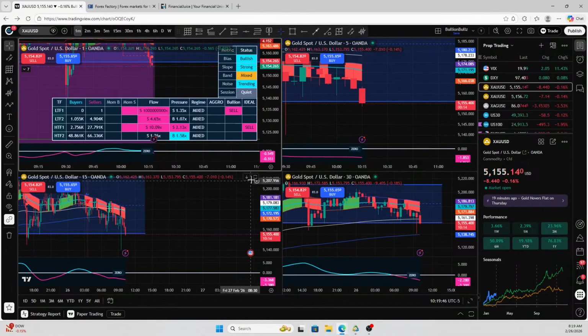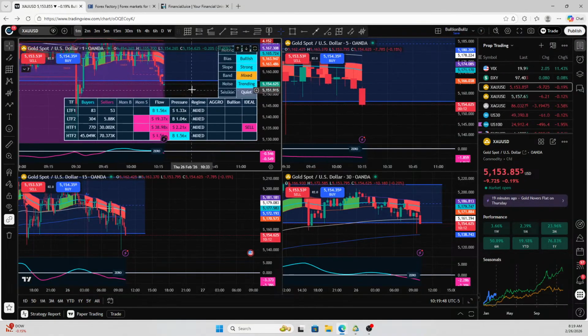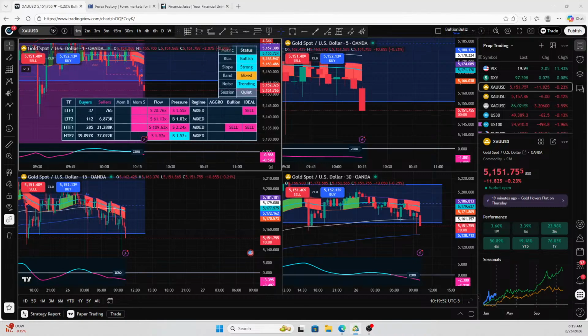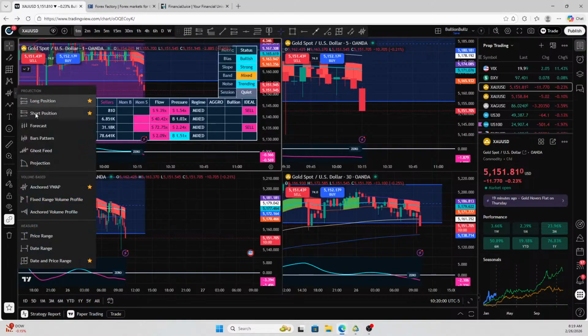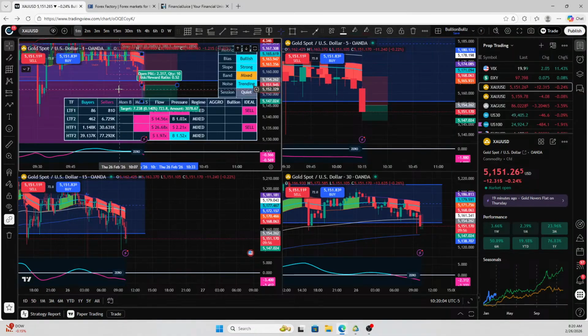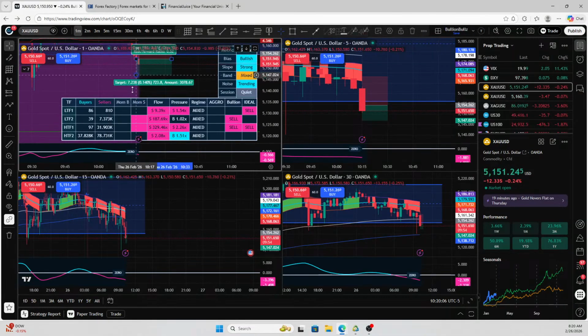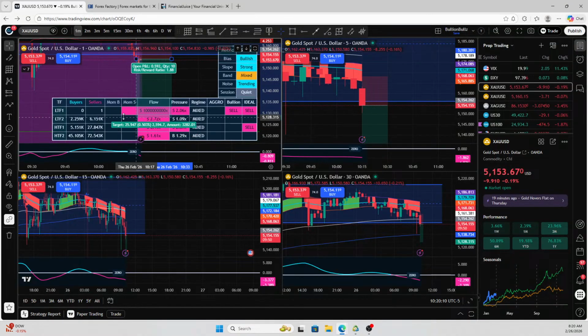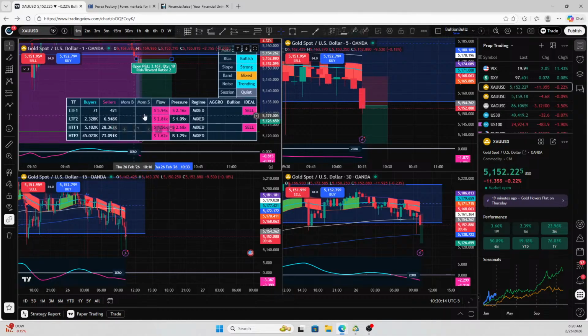So I think it's a good idea to open a sell here. So we'll open a sell and our stop is going to be right at the high. And you will target this level right here, or maybe targeting a minimum 1 to 2. Yeah, right here.